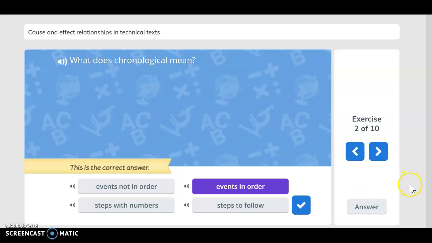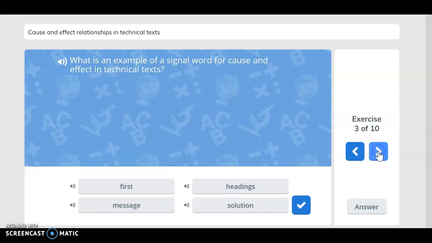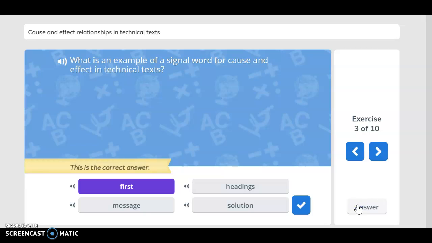If you said events in order, you are correct. What is an example of a signal word for cause and effect in technical text? If you said first, you are correct.